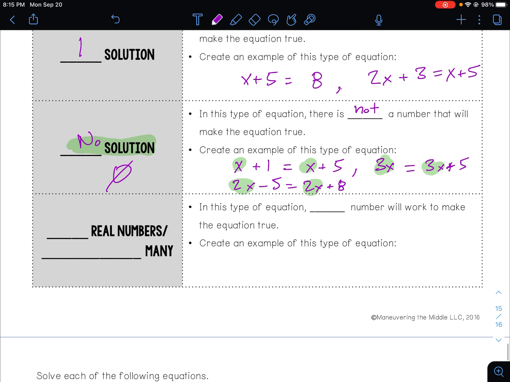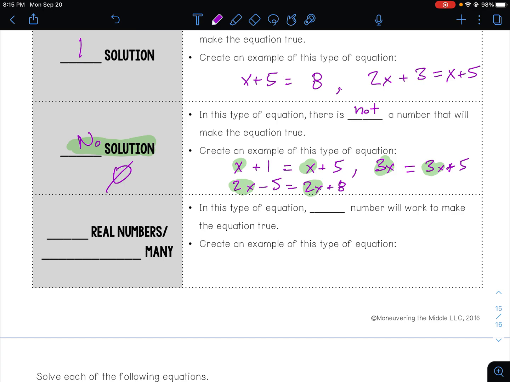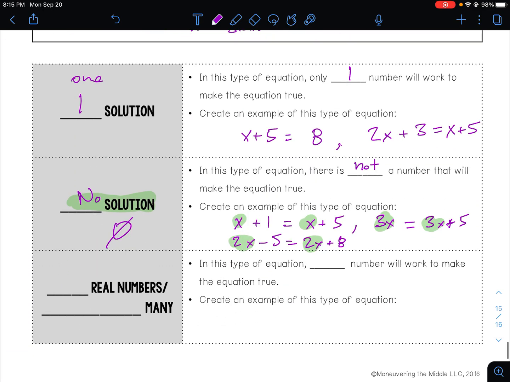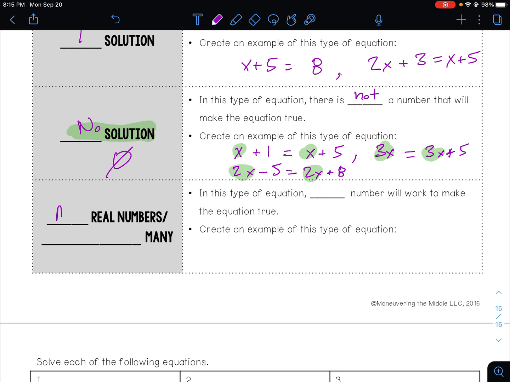All right. The last special case is called all real numbers, or sometimes infinitely many solutions. Sometimes it's abbreviated as ARN, for all real numbers, or IMS, for infinitely many solutions.